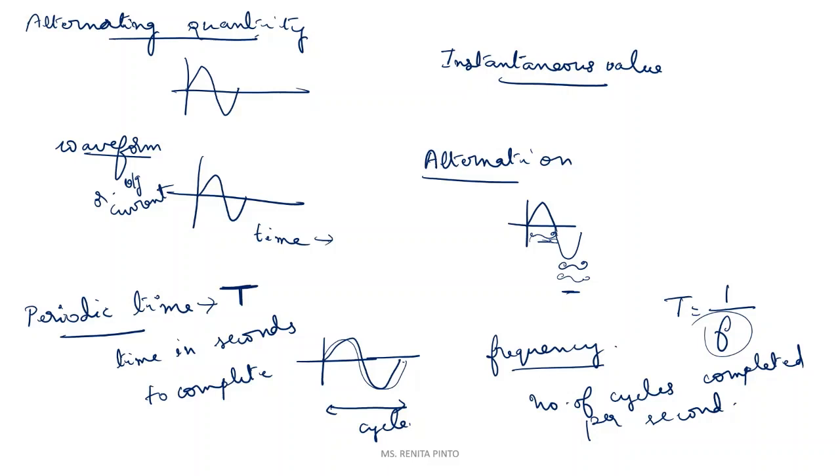So next let us go and see how the sinusoidal voltage is generated. Generation of sinusoidal voltage can happen using two types of methods.